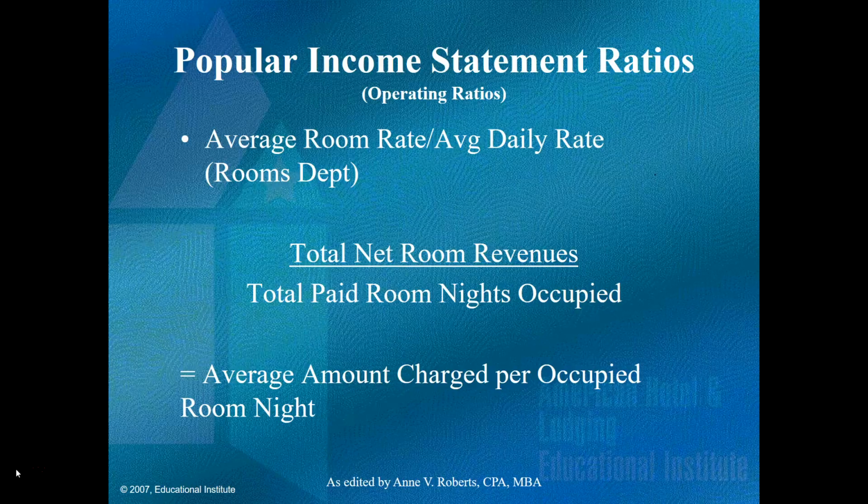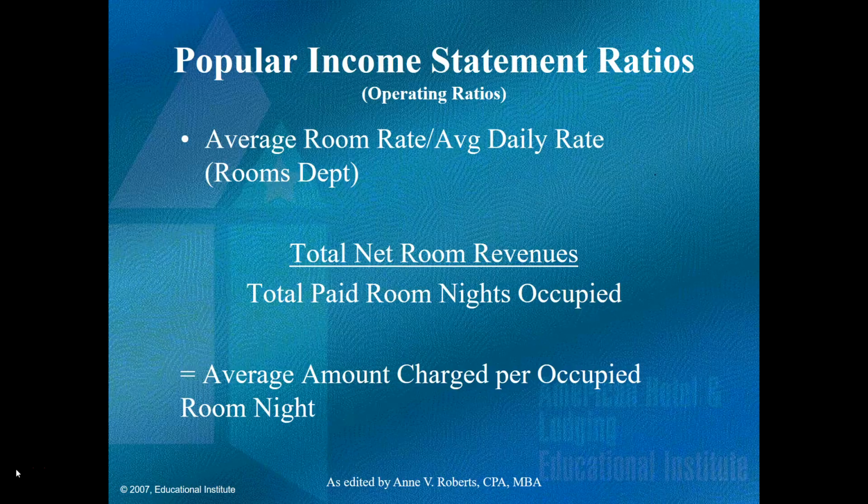Yeah, so if we had 5 rooms, and each room was rented out 20 nights during the month, we would take 5 physical rooms times 20 nights each, and we would get 100 room nights for this ratio. Then we're going to take that number and divide that into total net room revenues. Now, understand what this is doing.